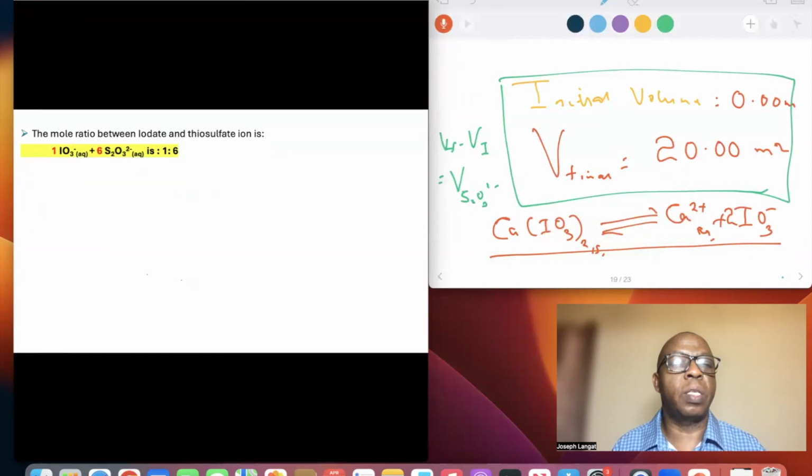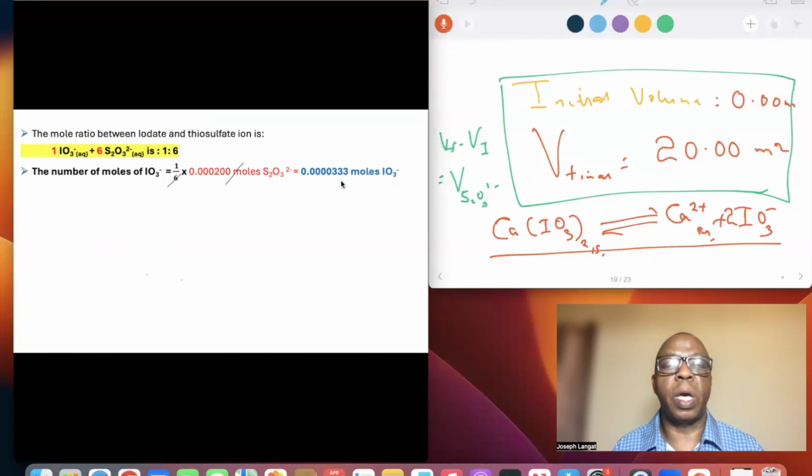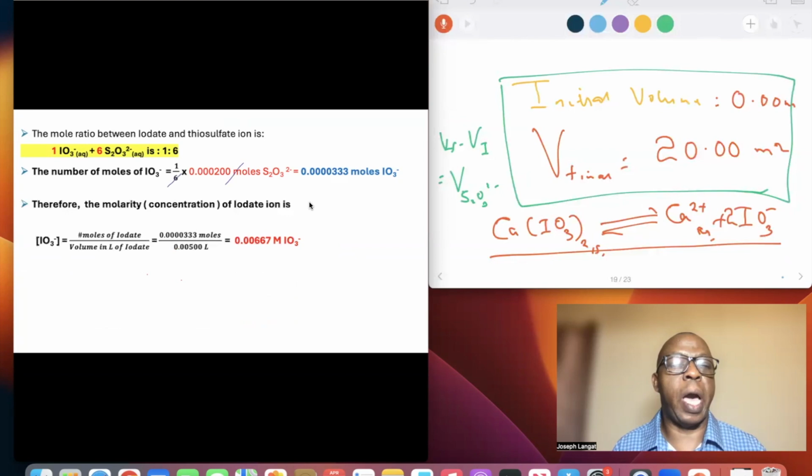So next, let's find the number of moles of iodide. It's 1/6 the moles of thiosulfate. Again, significant figures, three significant figures with the units. From here, we can find the molarity of iodide ion.